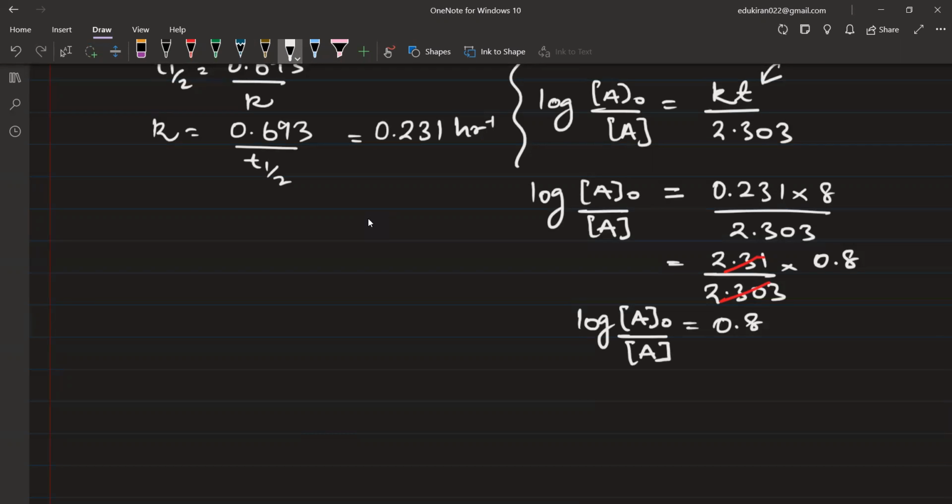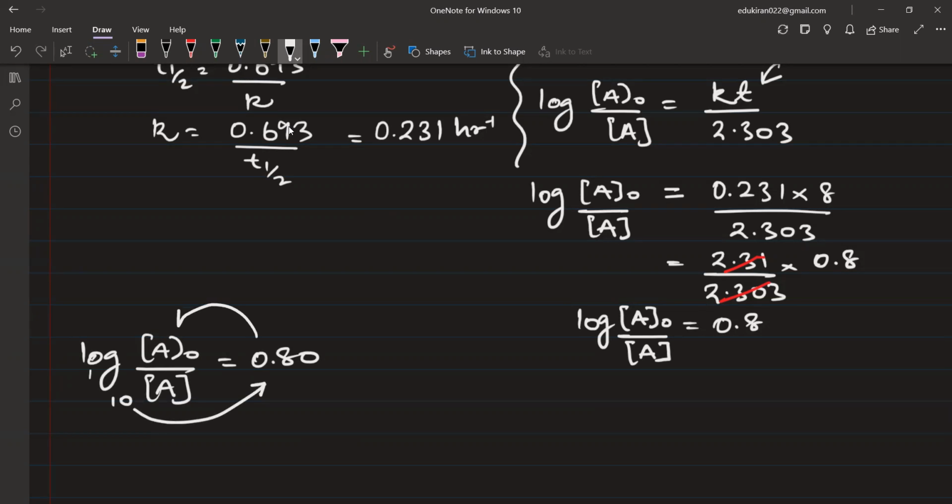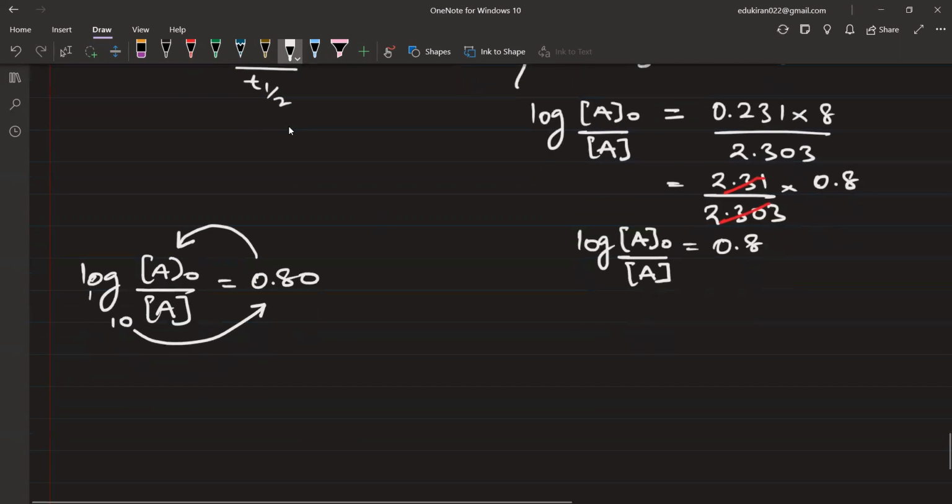Okay. So now, what we have to find? We have to find A upon A naught. Okay. So first of all, let us see. We are going to calculate log of A naught upon A is equal to 0.80. So this is base 10 here, right? That means 10 to the power 0.80 will be equal to A naught by A. क्या मतलब? What I'm saying?